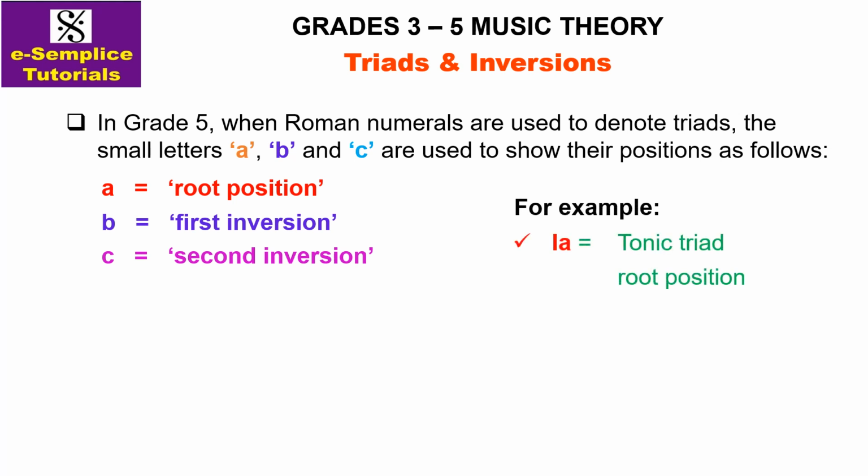Let's see some examples. If you see a triad labeled Roman numeral cap 1A, it means tonic triad, root position. Roman numeral 1 means tonic triad, but the small letter A means root position.